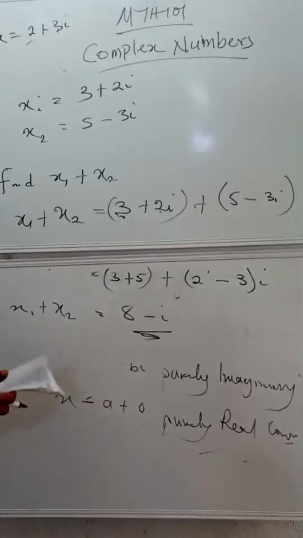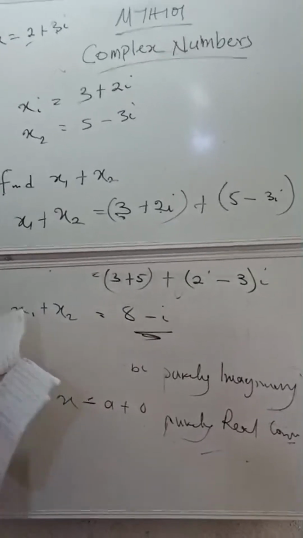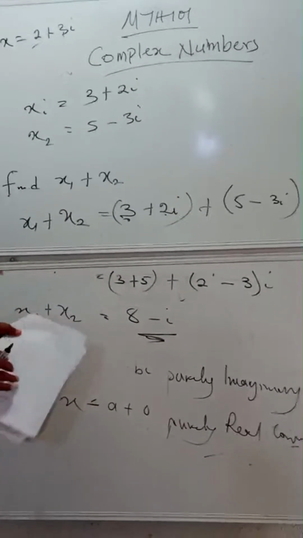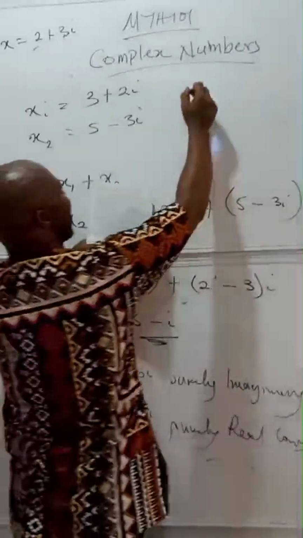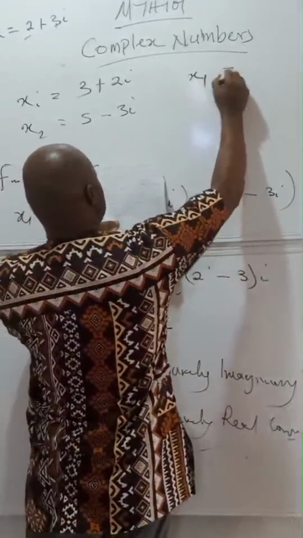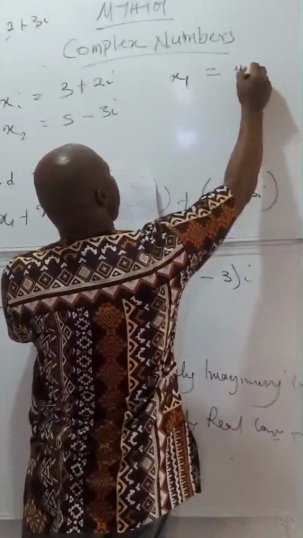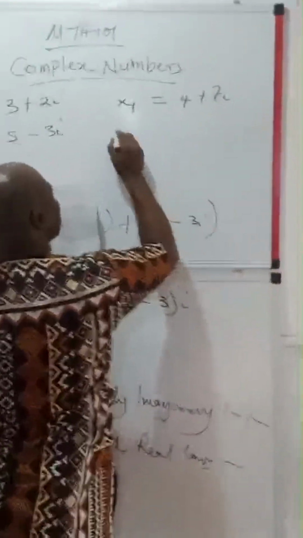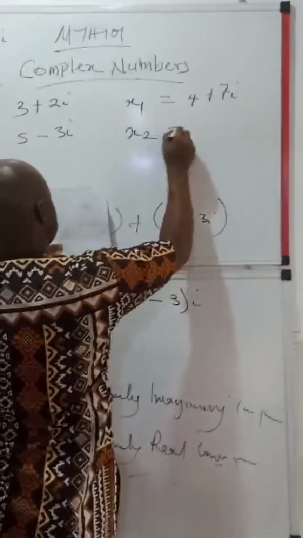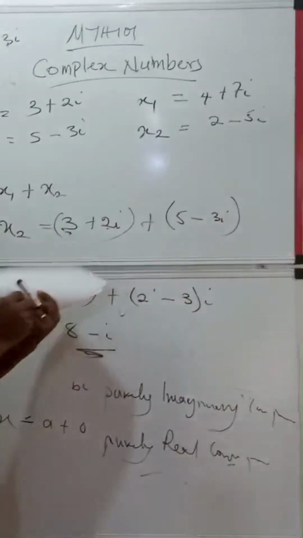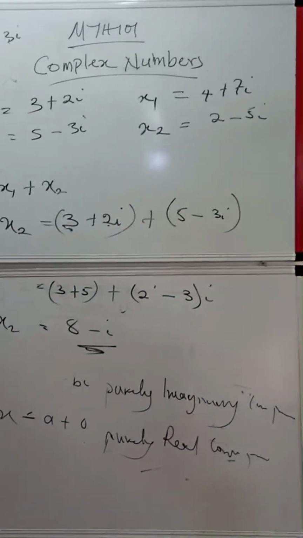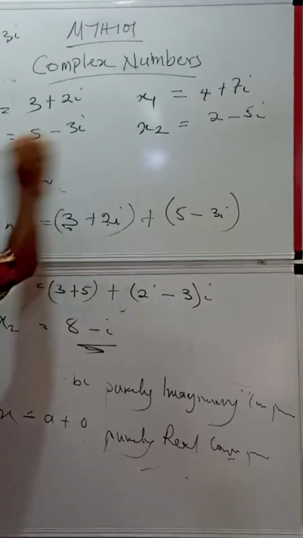Now let's consider another one, where the operator is that of subtraction. Let's say we have x1 equal to 4 plus 7i, and x2 equal to 2 minus 5i. If we have that, how do we resolve it? Yes, this is also resolvable.